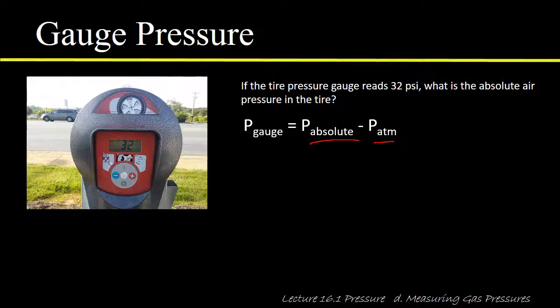If that's the case, we can do just a little tiny bit of algebra, rearranging to solve for the absolute pressure in the tire. In order to do that, we just add atmospheric pressure to both sides, and that gives us absolute pressure is the gauge pressure plus the atmospheric pressure.